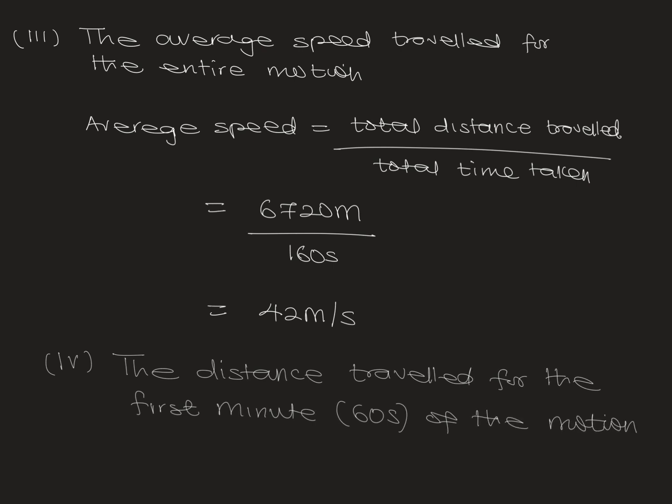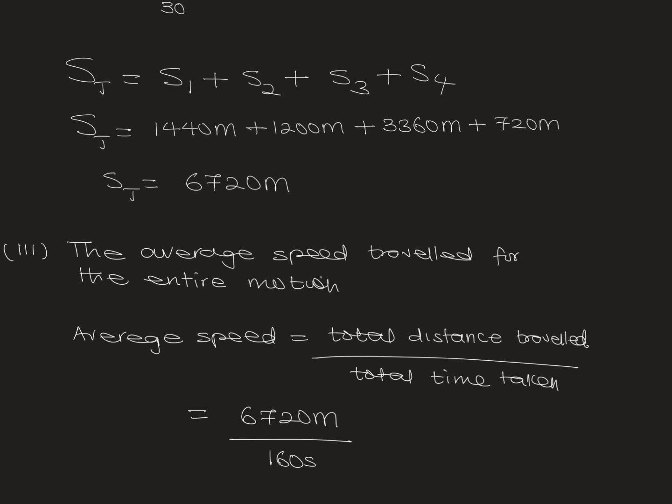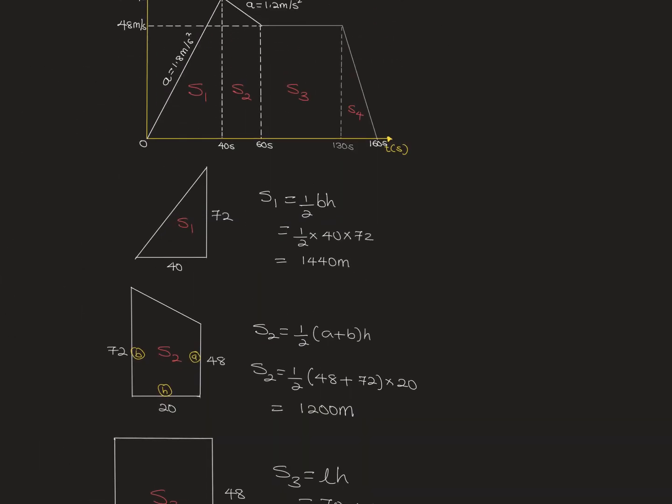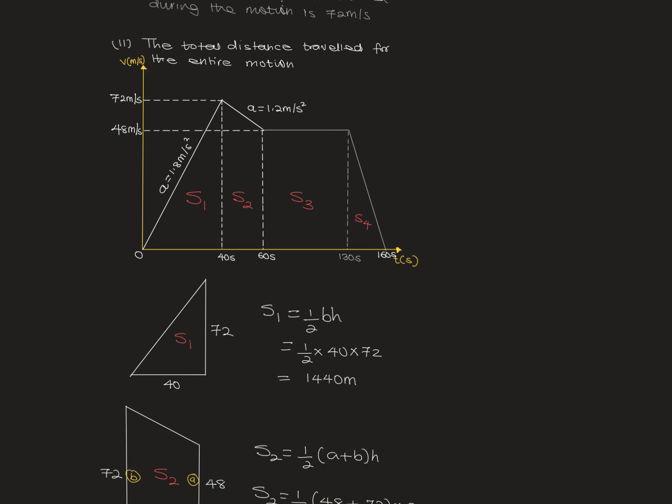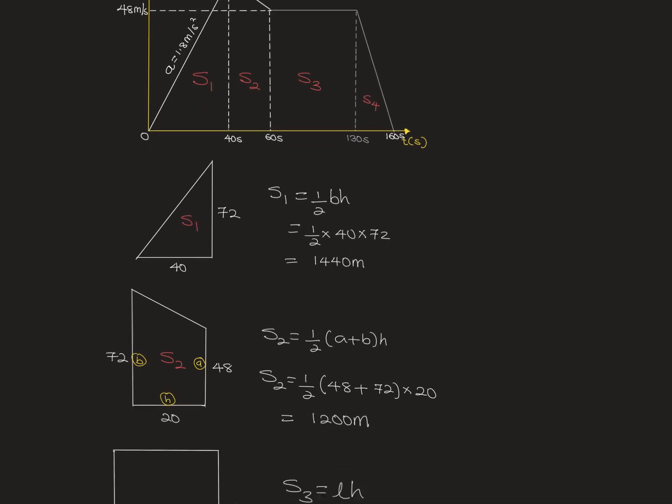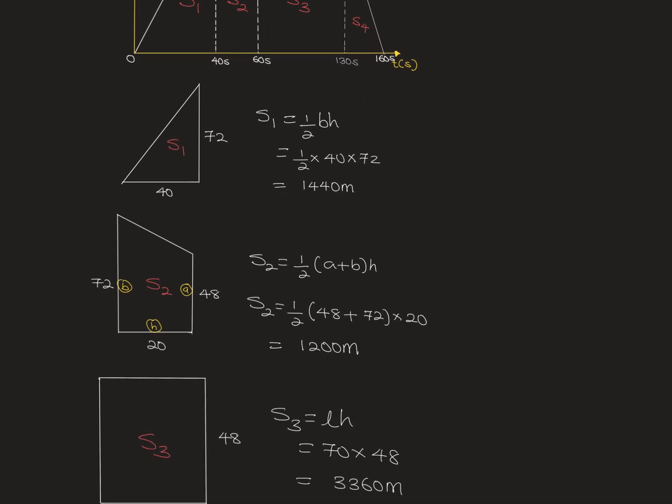If we go back to the diagram, we said that is going to be S1 plus S2, because exactly at 60 seconds, the motion has covered two phases. That is going to be S1 plus S2. We calculated S1 as 1440 and S2 as 1200.